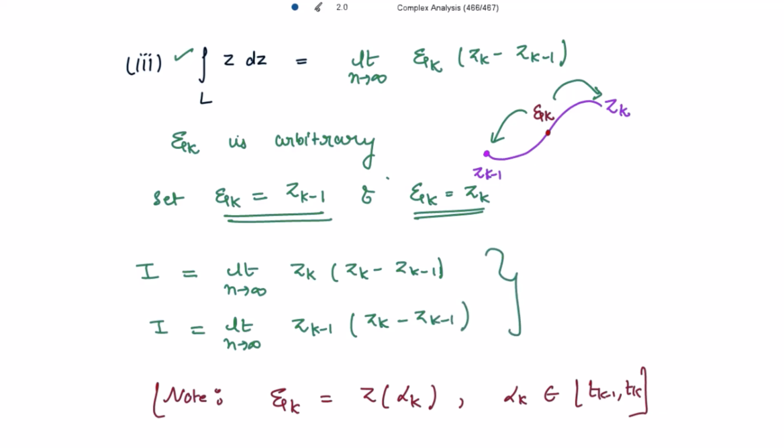Adding these two integrals, we are getting 2I to be equal to the limit n tends to infinity, the summation k going from 1 to n of zk plus zk minus 1 into zk minus 1.